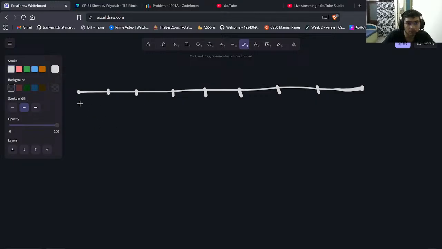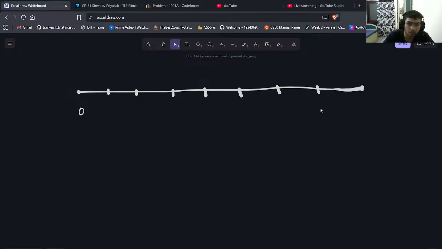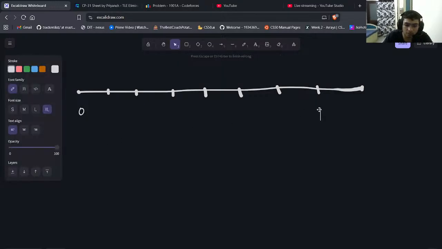So our car starts from here, 0, and goes till here, 7.